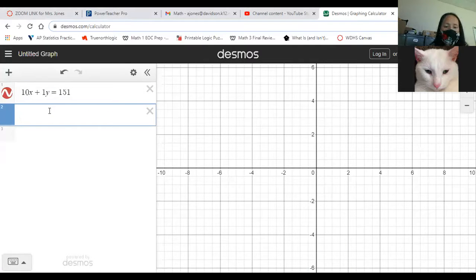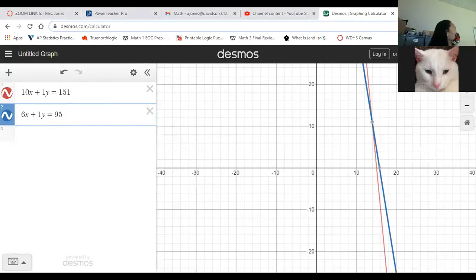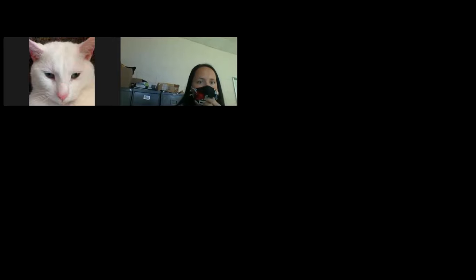And then 6x plus 1y equals 95. Now, if you guys look, do we see anything? Because they're big numbers, we zoom out and then you see what you saw yesterday, and there's your 14, 11. And we know that x was actually our S. So 14 is your senior citizens and 11 is your child. Okay, so you can do both. It doesn't matter how you do it. All right.